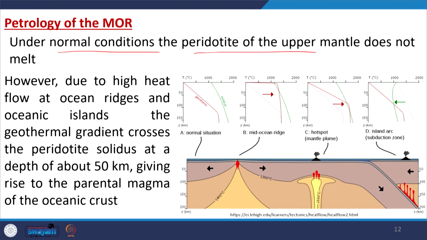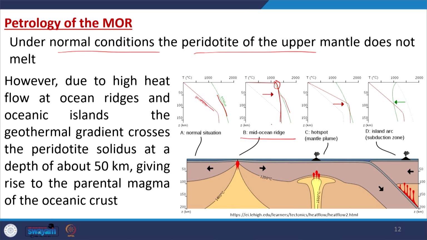If you see what is shown in this diagram, we have a geotherm, we have solidus. Now you see at the mid-oceanic ridge system what is happening: this solidus and this geotherm are cross cutting. That means the temperature is more than the solidus. So, that means this rock is forced to melt.